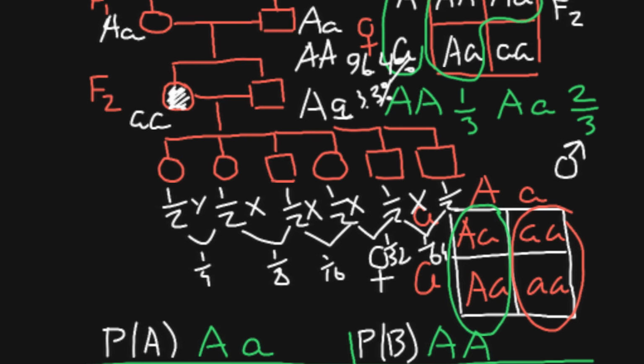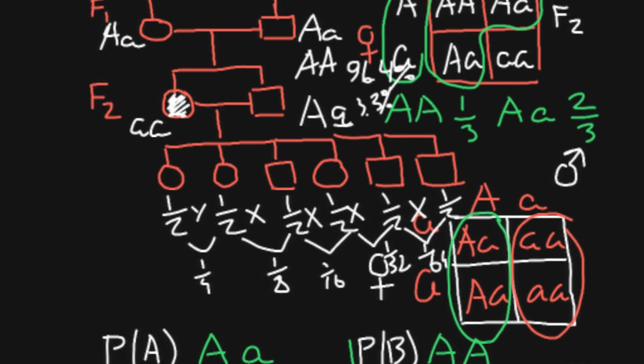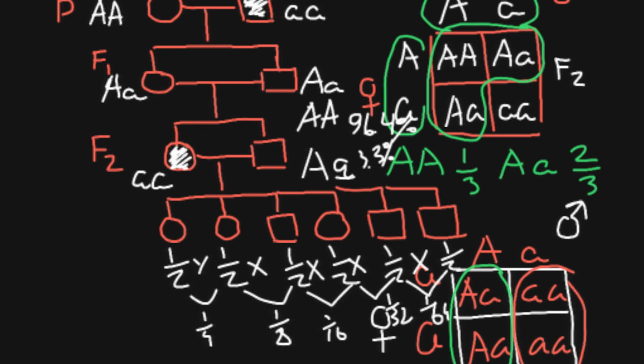I just can tell you that 8 animals have to be of the dominant phenotype. So we can say with over 99% confidence that this male, randomly chosen from the F2 generation here, is homozygous dominant.